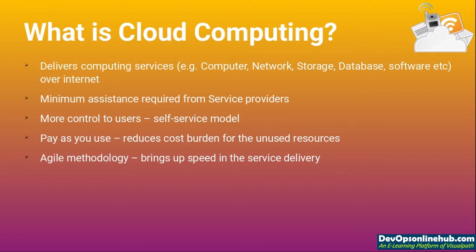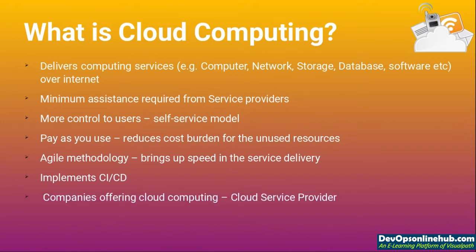This brings the agile methodology where your entire service delivery becomes very fast. And cloud computing by default implements CI/CD. CI/CD means here continuous integration and continuous delivery. So that also is possible in cloud computing.